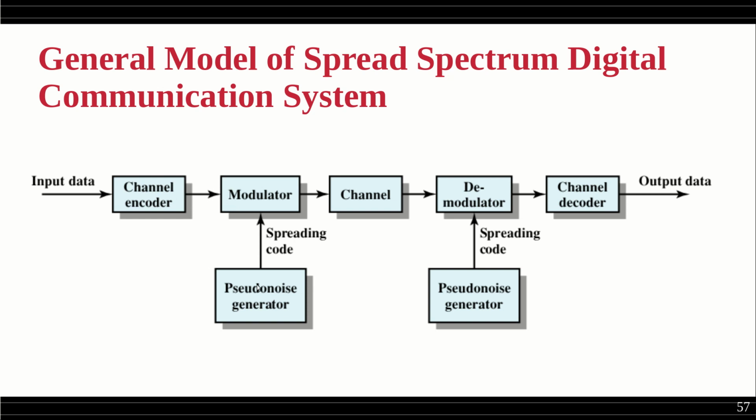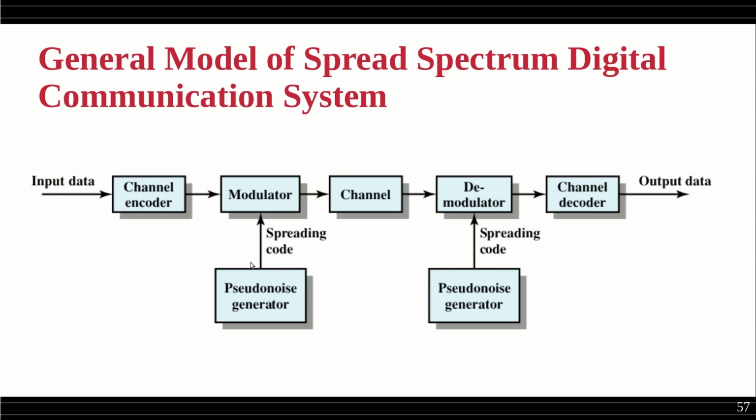Now this is the portion where the spread spectrum concept works. We pass the encoded signal through a modulator, and that modulator takes a spreading code which is generated by a pseudo noise generator. We will see what the pseudo noise generator is and how it generates the spreading code.